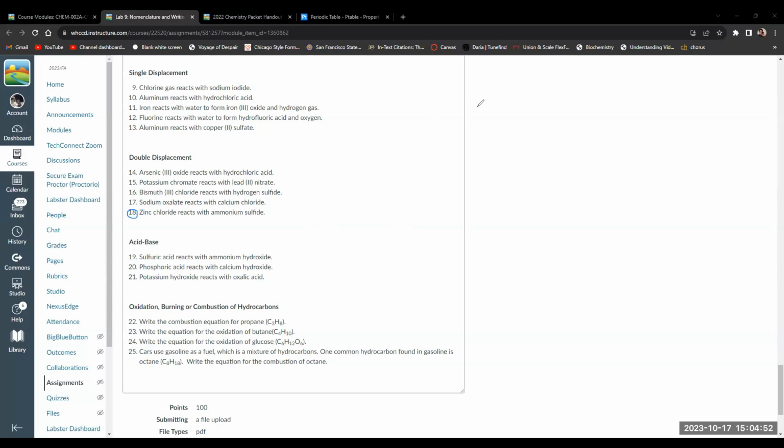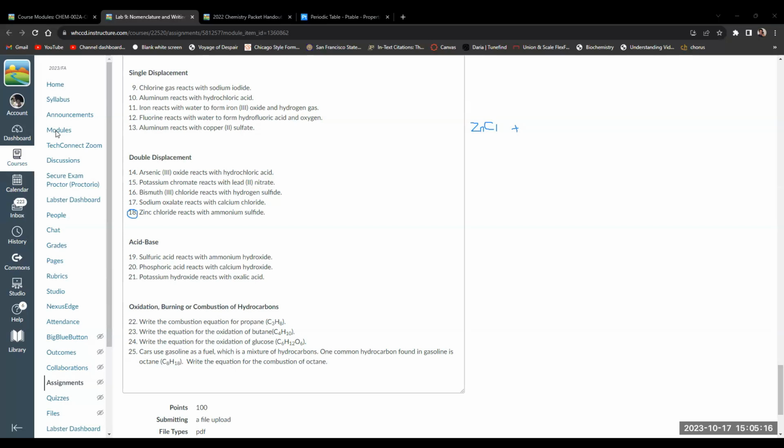We have, oops, zinc chloride reacting with ammonium sulfide.